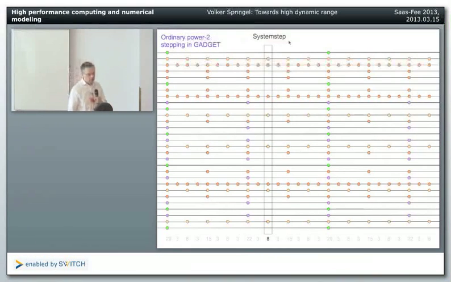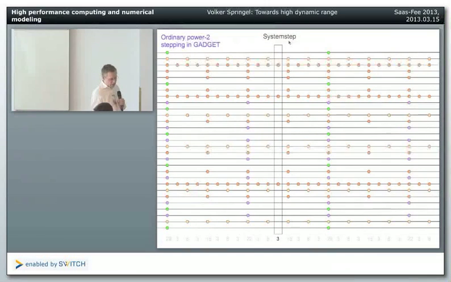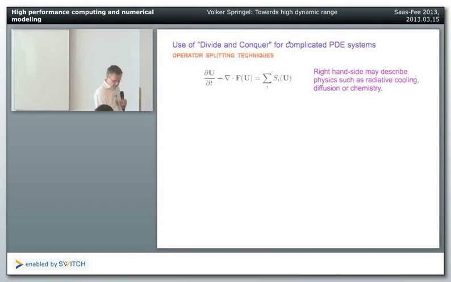The next time step will look like this. Here you have, for example, 3 particles that are active, that need a force calculation, and the previous step you had 8. Here you have 3, now you have 15. Now you have 3, again 8.